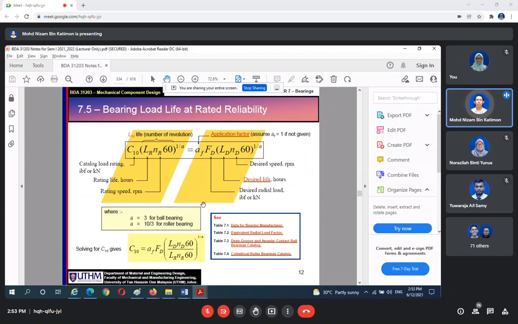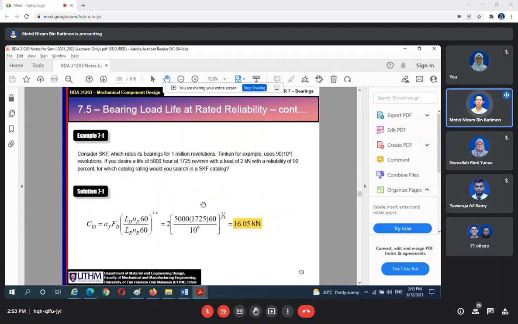As usual, we do some exercise to get more understanding. See this example, Example 7.1. Consider an SKF rating bearing.